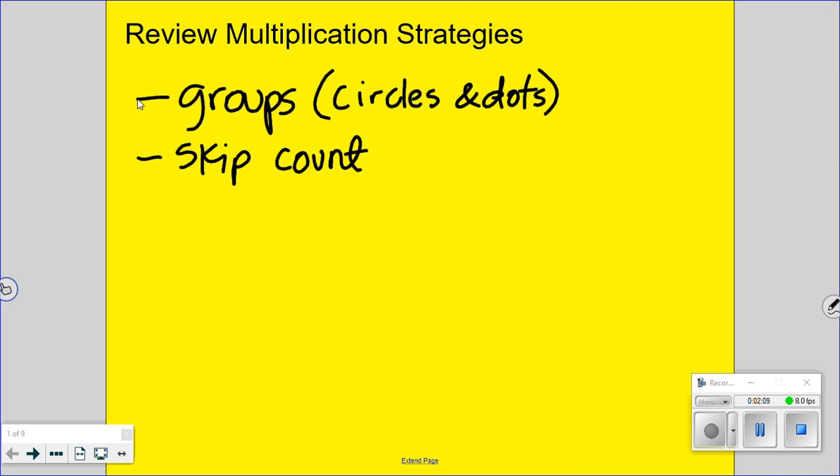What else did we learn? What were some other strategies we learned? Avery? We could turn a multiplication equation into a division equation. Sure. Yep.